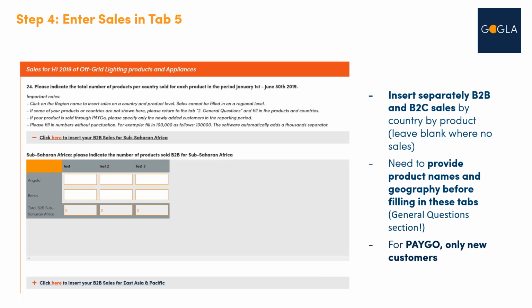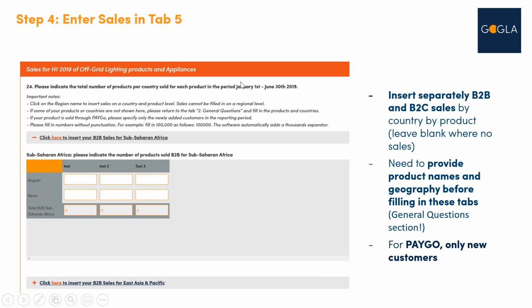Here you will have to fill in the sales for each product category, for each company, for each country, without any punctuation. It goes without saying, because how can you sell half a product. Please note that we are requesting you to report the sales of the period of July to December 2019.